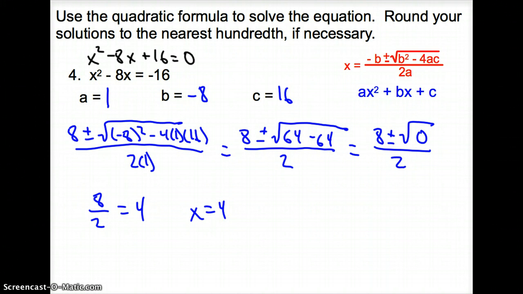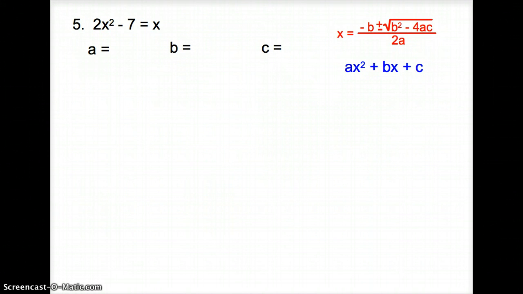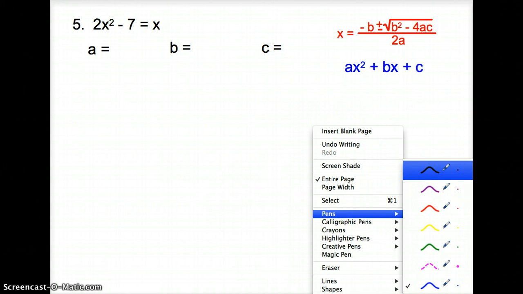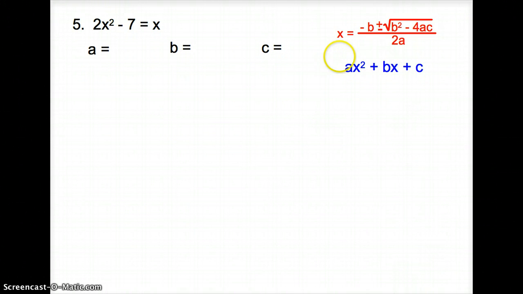And now let's try one more guy. Number 5, 2x squared minus 7 equals x. Is it in the quadratic equation? Is it in the same form as this blue guy over here? It is not. So again, we have to rearrange our equation to make it look like this guy.